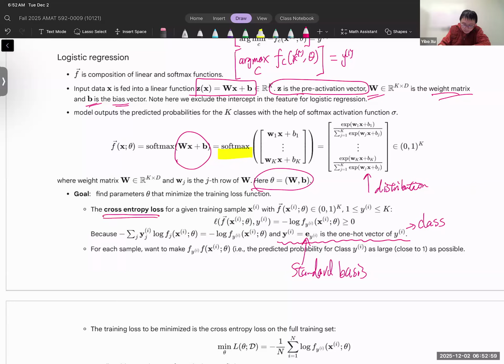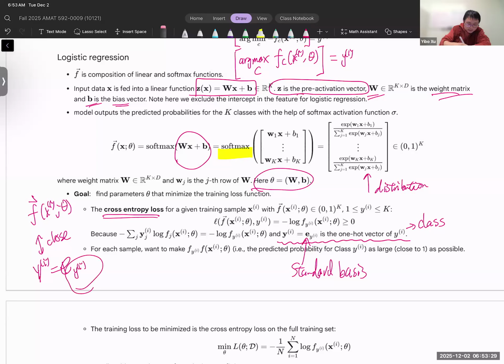So what do you want? Essentially, you want this vector f(xi; theta) to be close to the vector yi, which is defined as e sub yi.